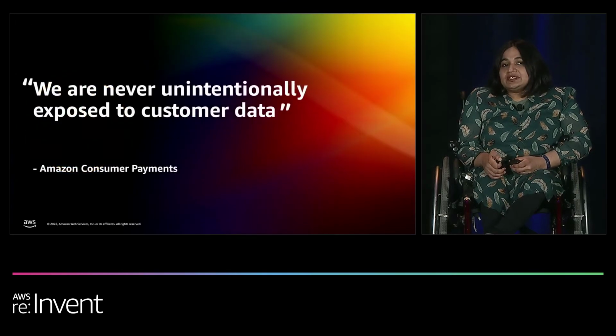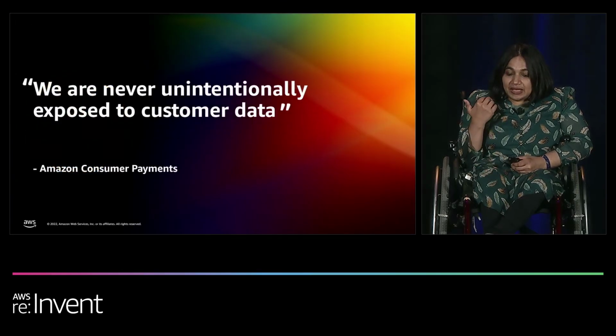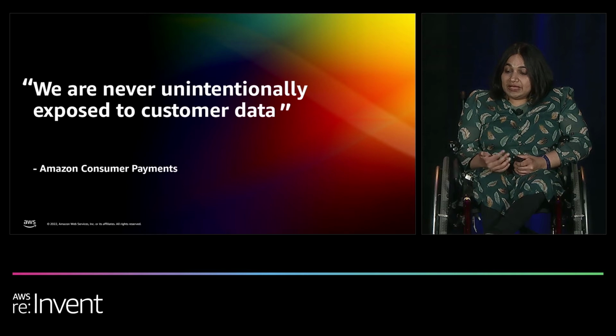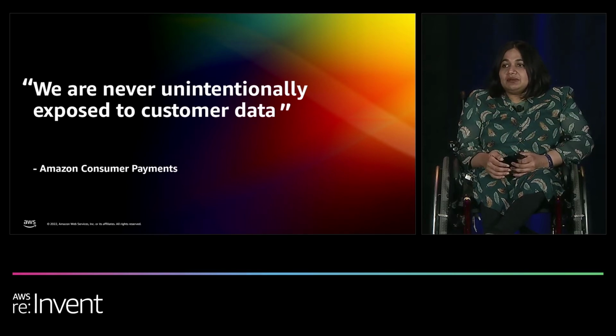So here is the universal statement that Amazon Consumer Payments wants to make. We are never unintentionally exposed to customer data. Not now, not ever. And this is where the combination of zero trust architectures and provable security really come into play. This is a really powerful statement.